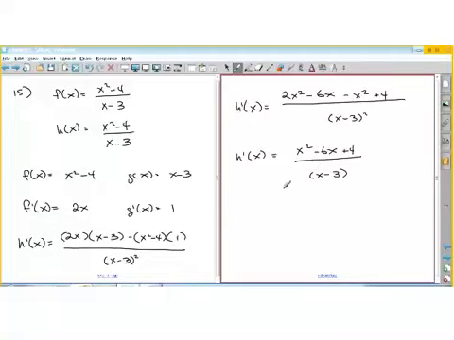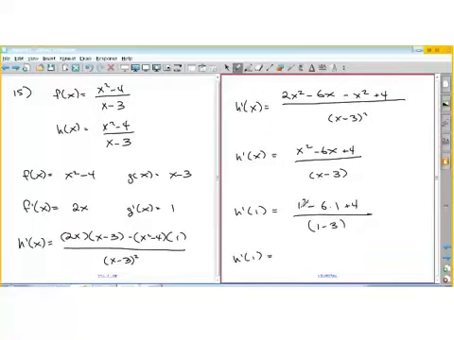Then what we're looking for is at c equals 1. Oh, c. So what we want is h prime of 1. Okay. So we get 1 squared minus 6 times 1 plus 4 in the numerator, 1 minus 3 in the denominator.